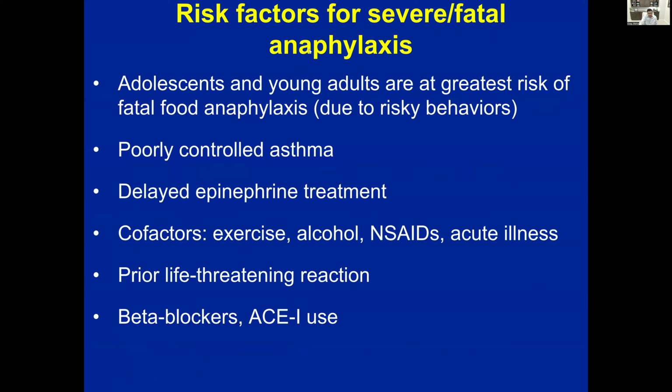Yes, that's a good question. So exercise, well, first of all, this is just speculation, but the gut has a lot of histamine, and the gut actually has mast cells as well.